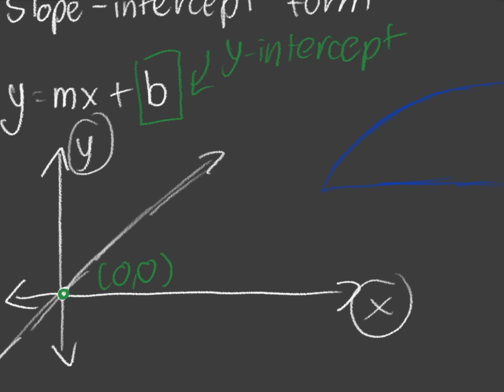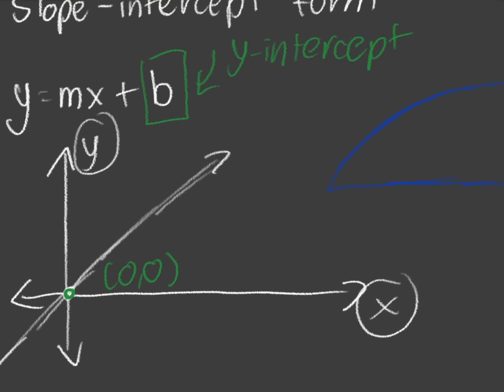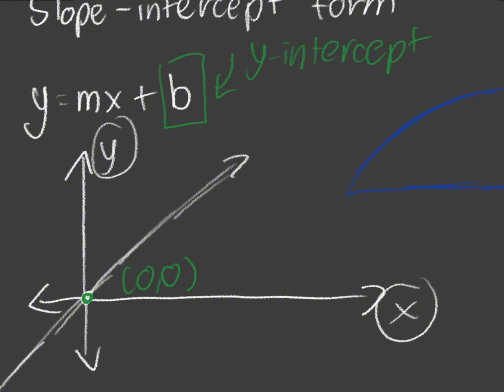But how would we mathematically represent it? Instead of a hill, it would be more like how the y changes as the x changes. The basic form would be the change in y over the change in x.